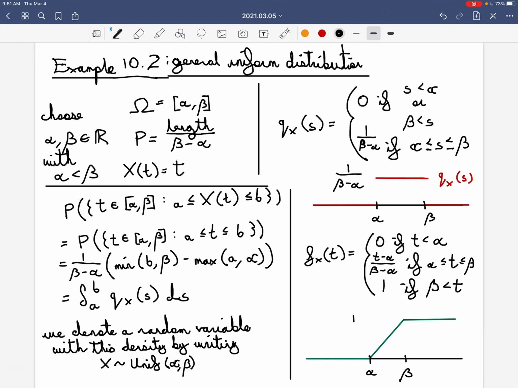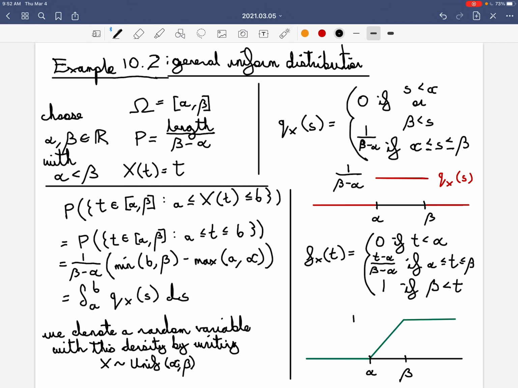So what we're doing in the same step of the computation here is we're intersecting the interval from alpha to beta with the interval from a to b. And instead of taking its length, which is minimum of b and beta minus maximum of a and alpha, we take the length and normalize it by dividing by beta minus alpha.